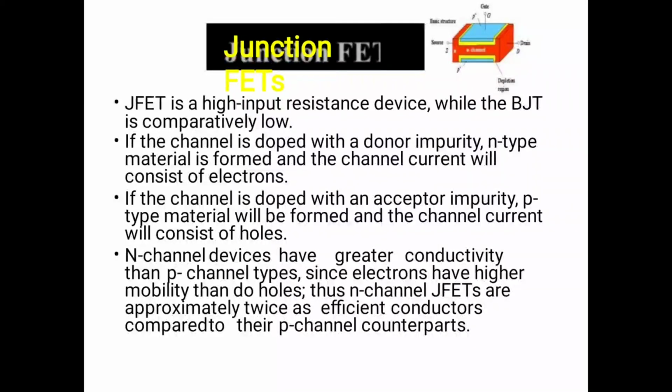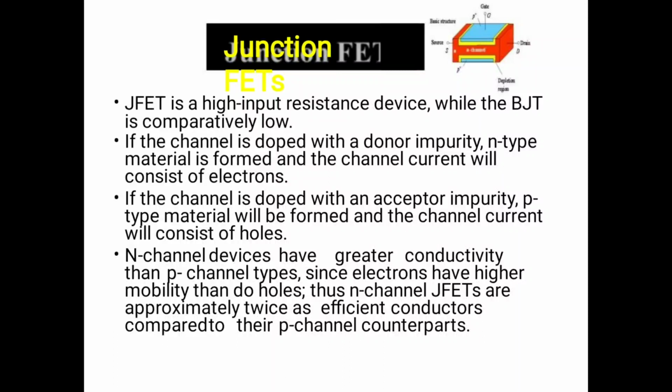If the channel is doped with donor impurity, an n-type channel is formed and the channel current consists of electrons. If the channel is doped with acceptor impurity, p-type material is formed and the channel current consists of holes.